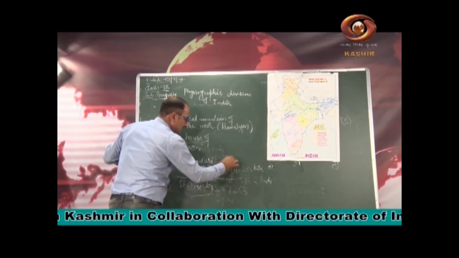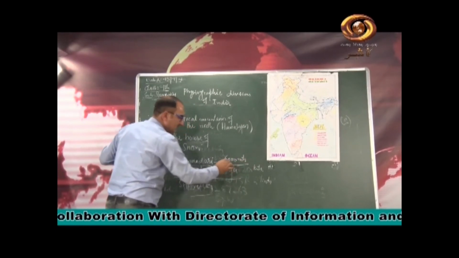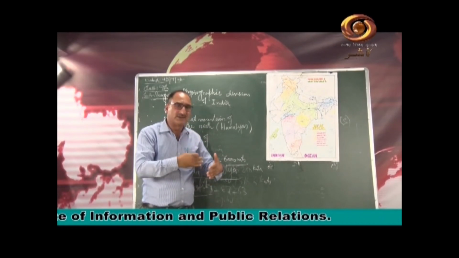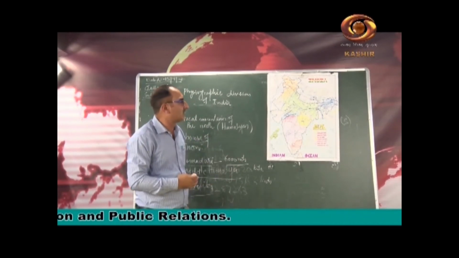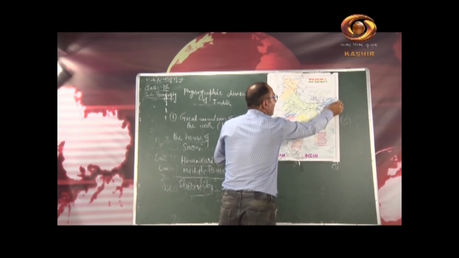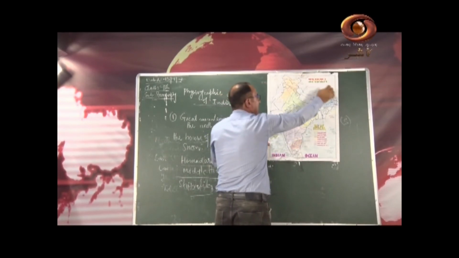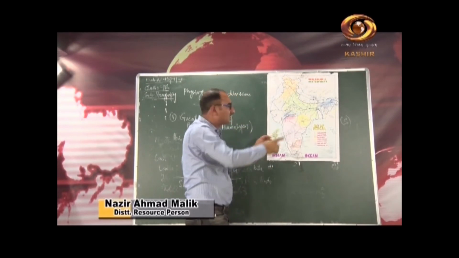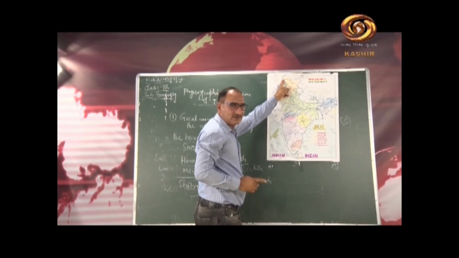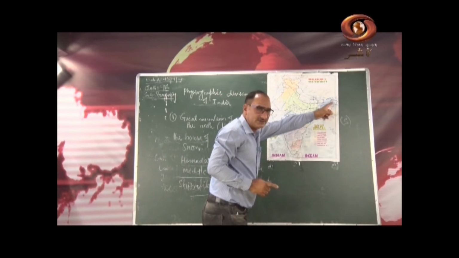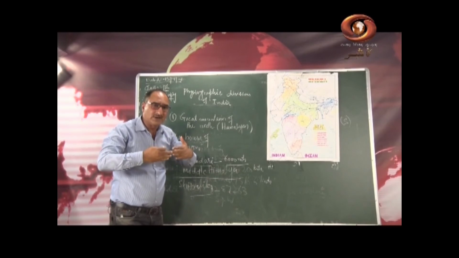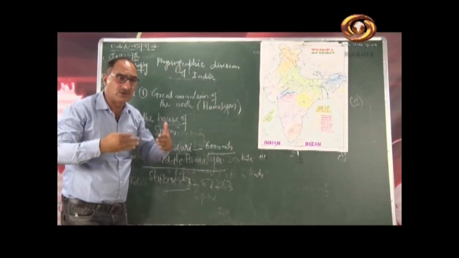The length of Himalaya from Arunachal Pradesh in the east to Kashmir in the west is 2400 kilometers.